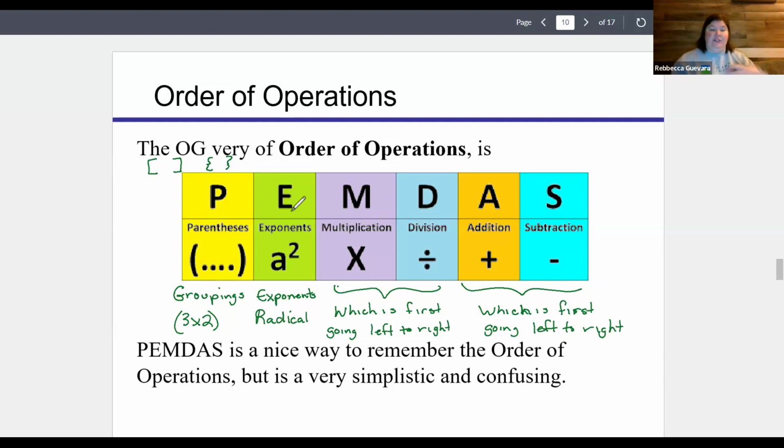After parentheses or groupings of some sort, we move on to exponents, which could also be radicals. We could look at either. Then after that, we look at multiplication and division, but we do it as a unit, going left to right, whichever operator comes first, we do first. Addition and subtraction, once again, it's a unit, going left to right, we do the operator that comes first.